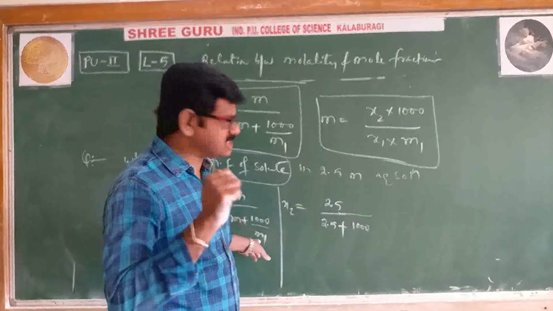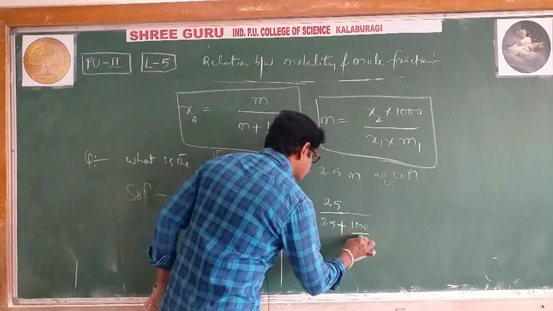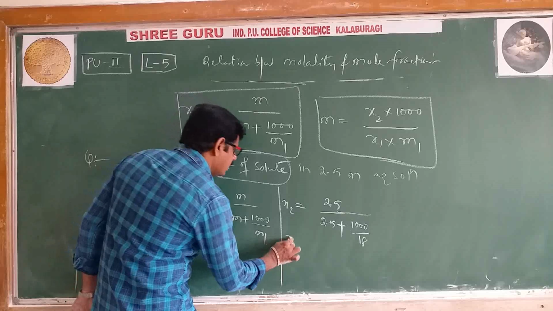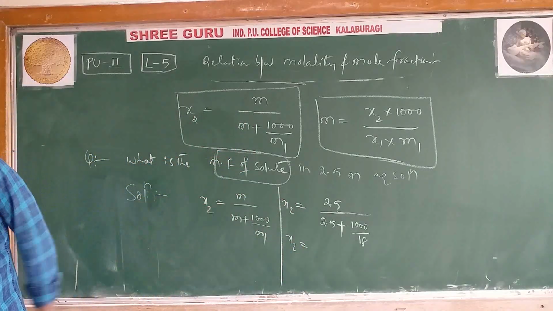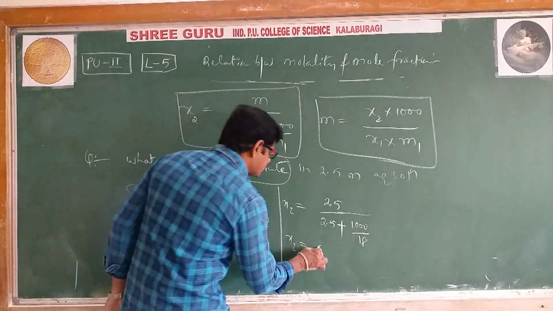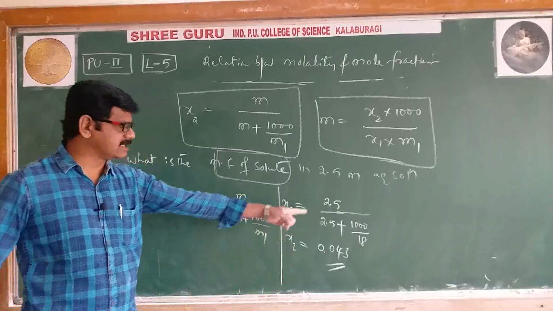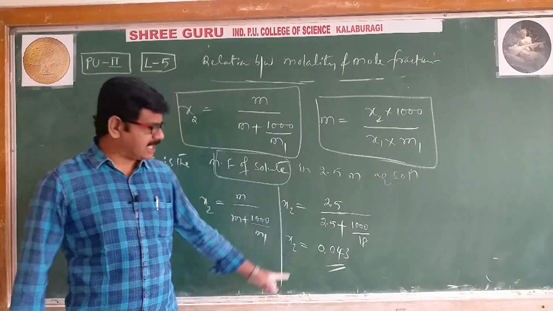Who is solvent? Aqueous, water is the solvent. That's why molar mass of water is 18. If you do the simplification, that is a mathematical calculation you have to do, you will get 0.043 mole fraction of solute.